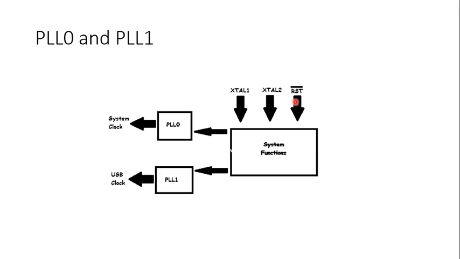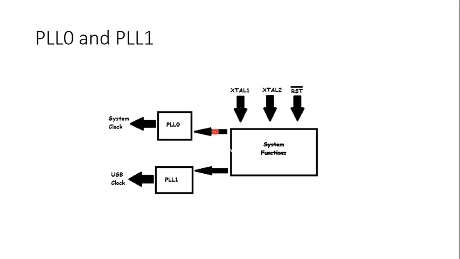Okay. So this is roughly the block diagram for PLL0 and PLL1. In the system functions, you generate the clock signal through the crystal, so an oscillator is present there. The crystal is connected to the oscillator using the two pins XTAL1 and XTAL2, and the reset pin is also used there.